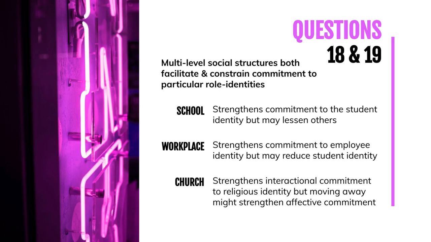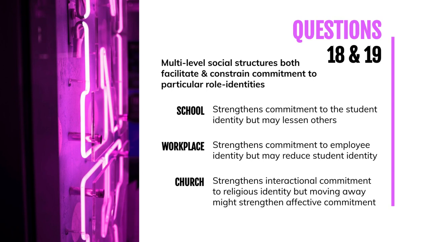And so moving on to questions 18 and 19. So, multi-level social structures both facilitate and constrain commitment to particular role identities. So, for example, at school, these more meso level institutions like school strengthen your commitment to the student identity, but it may lessen your commitment to others.